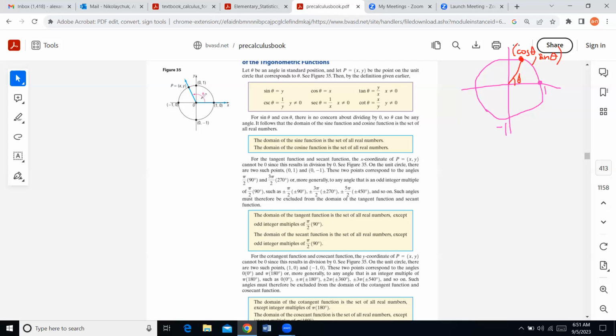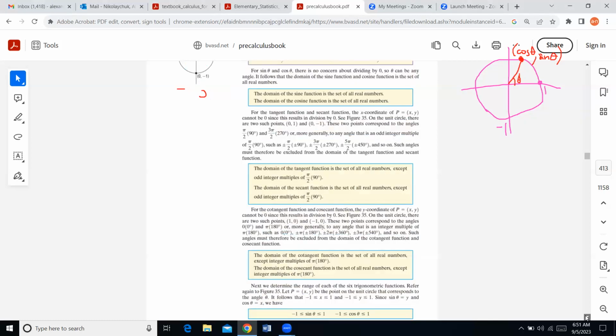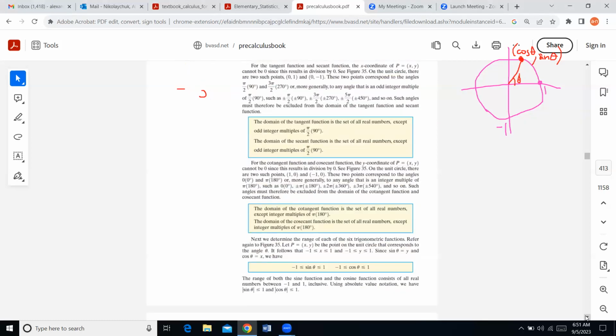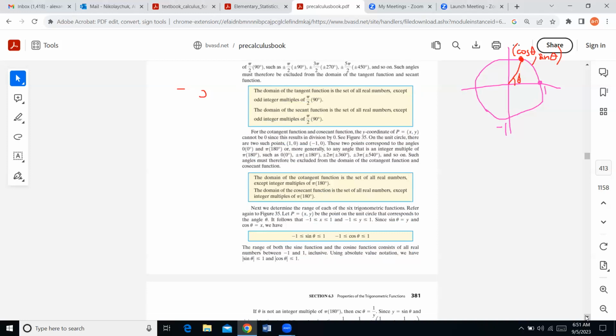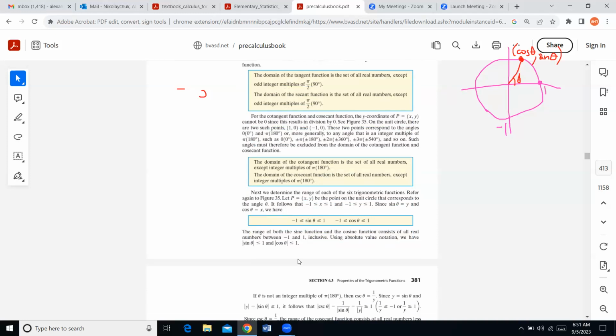Like on this picture, they have an angle which is more than 90, but it's still x and y coordinates of a point on that unit circle. For convenience, I like to put it in the first quadrant, but it doesn't really matter. So from here, you can also conclude right away that values of sine and cosine are between negative 1 and positive 1.